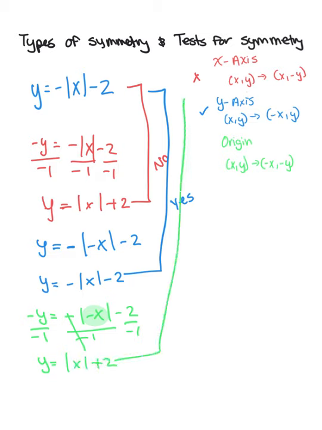Is this what I started with? No. So it is not symmetric with respect to the origin. So the only one it's symmetric with respect to is the y-axis. Okay, so three tests, one where I negate y, one where I negate x, and one where I negate them both.